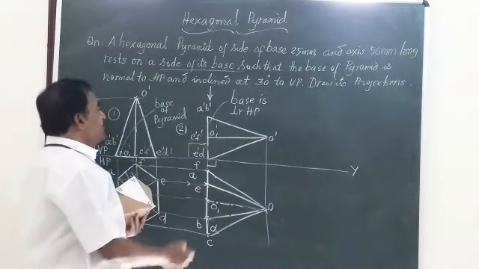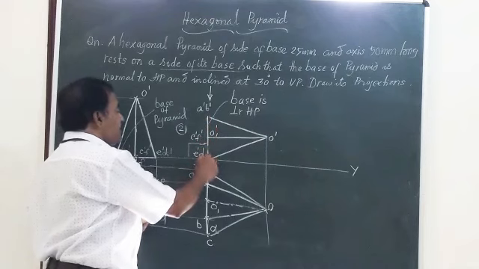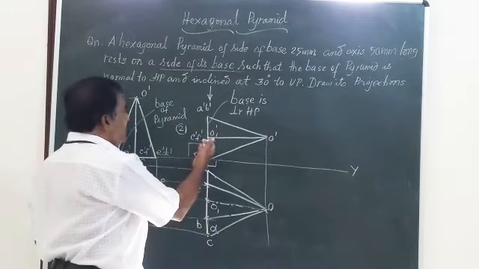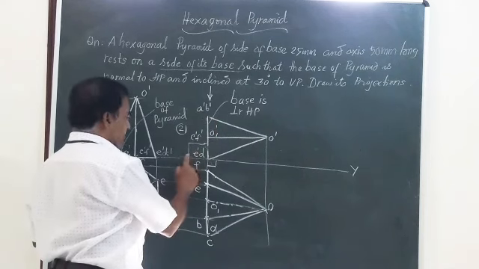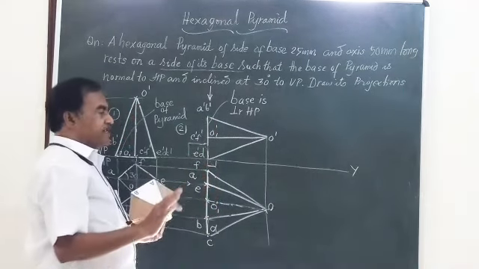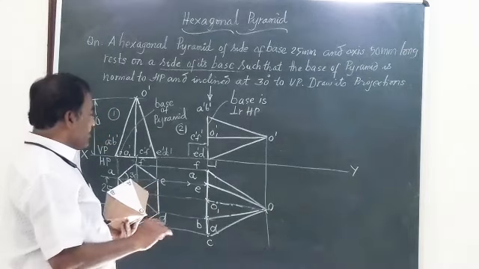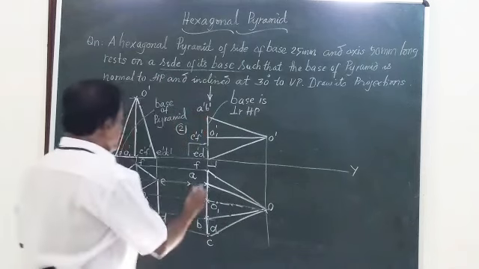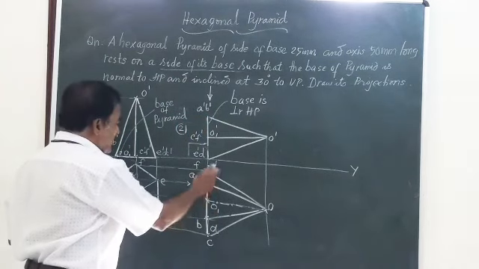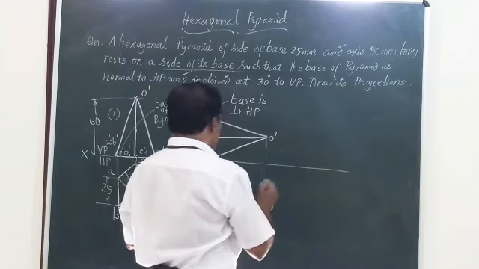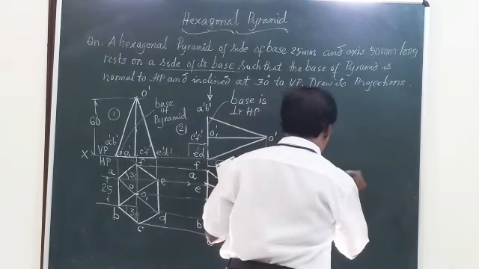So in the front view, this is the base of the pyramid. In the top view, this is the base of the pyramid. In the front view, the base of the pyramid is perpendicular to HP. Here also it is perpendicular to VP. But he says, draw the projections of the pyramid when the base of the solid represented by this line is inclined at an angle of 30 degrees to VP.